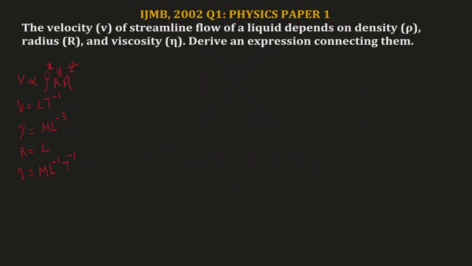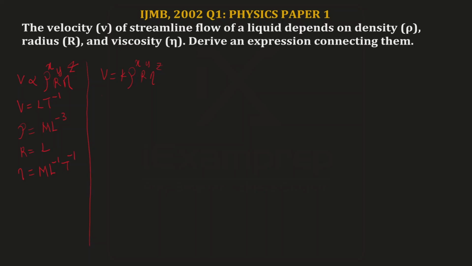Now, going forward, we have an expression here. So let's change that expression to an equation, which means we change this variation sign to an equal sign. So V, velocity, equals K times density to the power of x, radius to the power of y, and coefficient of viscosity to the power of z. Let's go ahead and substitute the dimension of each parameter into them.